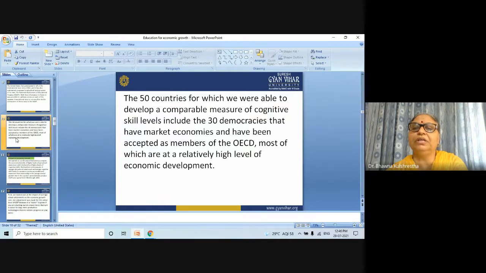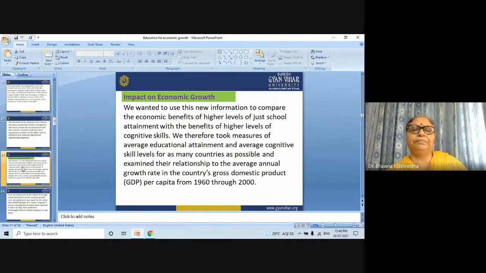Impact on economic growth. We wanted to use this new information to compare the economic benefits of higher levels of school attainment with the benefits of higher levels of cognitive skills.